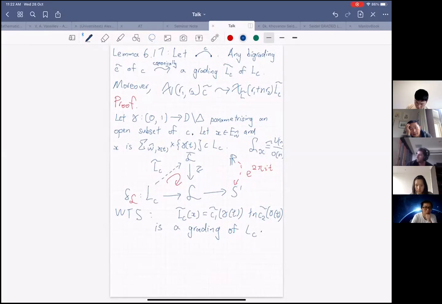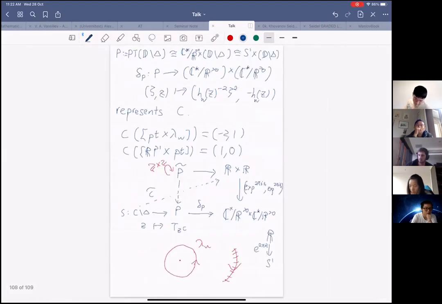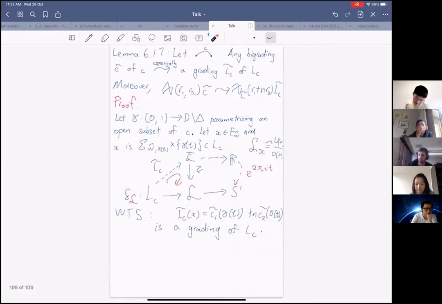L bar is a pullback of this map. It's like a pullback covering. Yeah, correct. There is a map. So you can understand the covering space here as the pullback of this map.